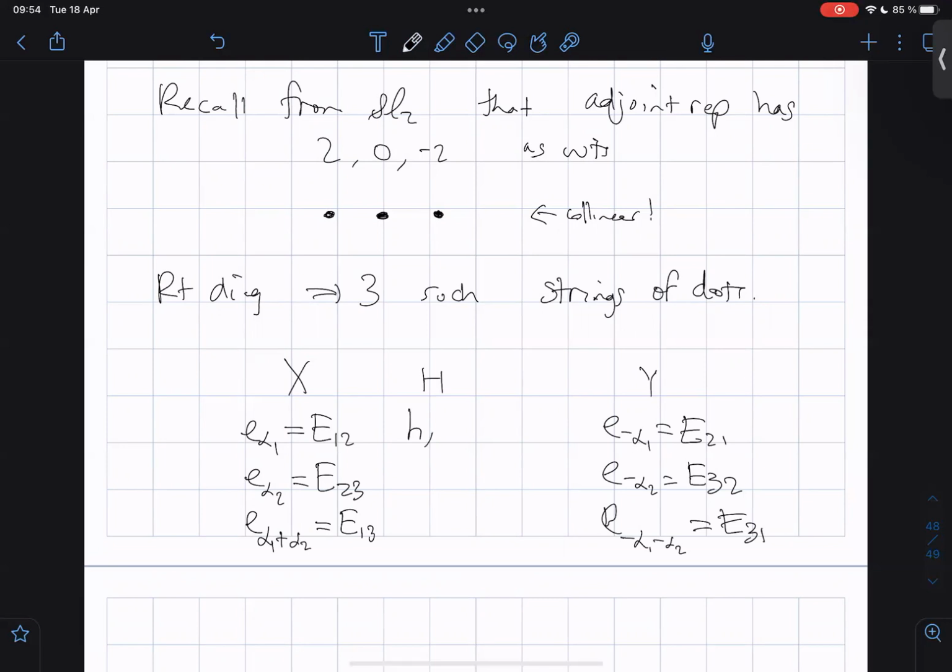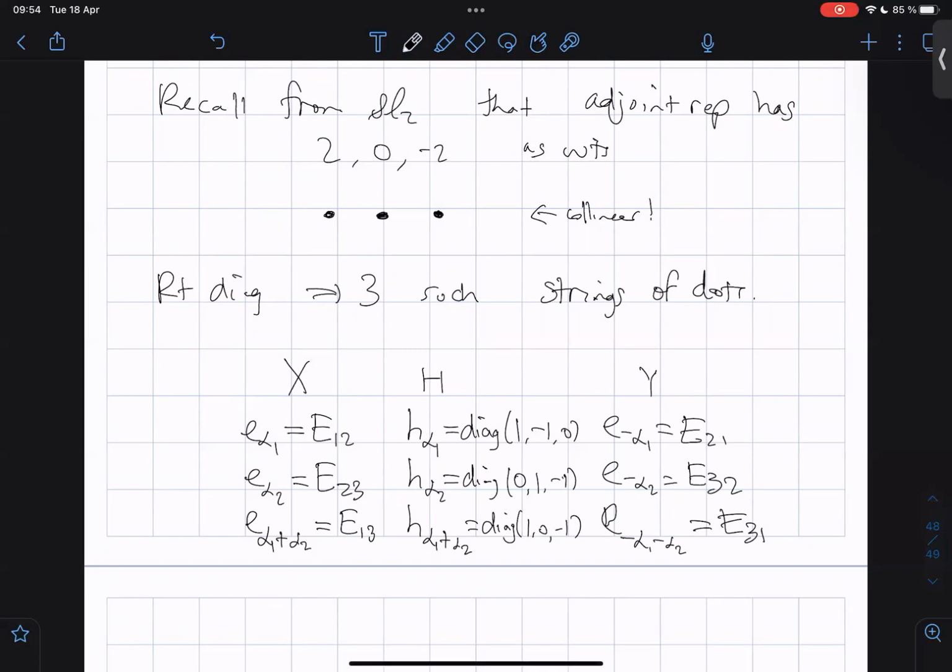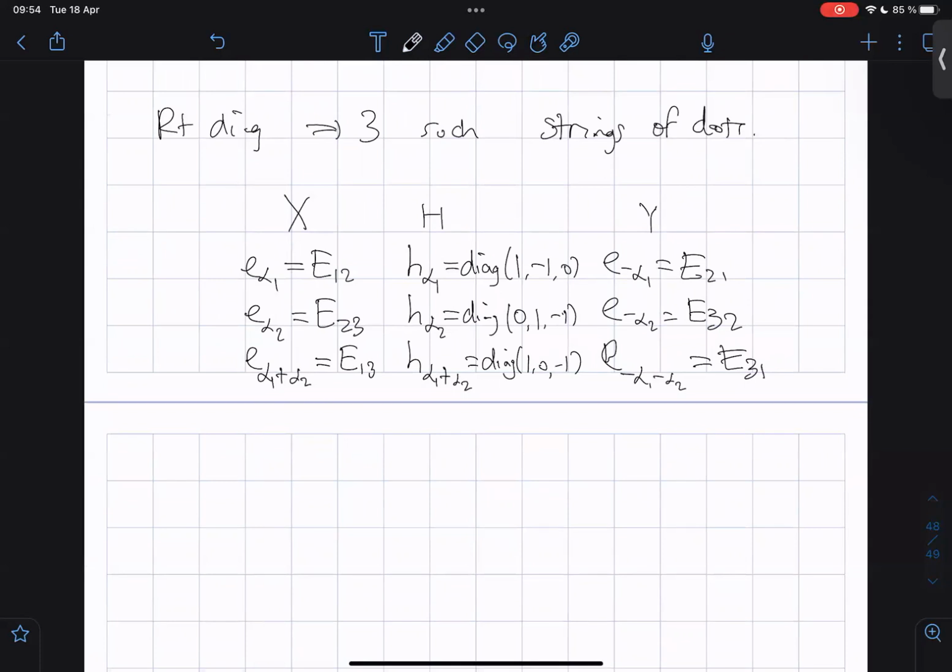I'll write this as little h alpha 1, little h alpha 2. There are some details and computations to check here. But basically, for the first one, you have SL3, which looks like this, and you have zeros over here, and all the action is happening in this top block.